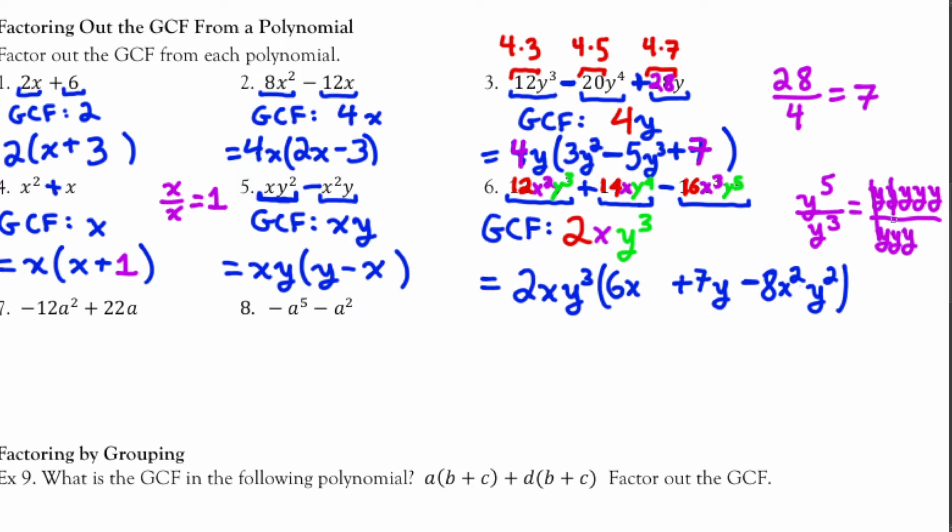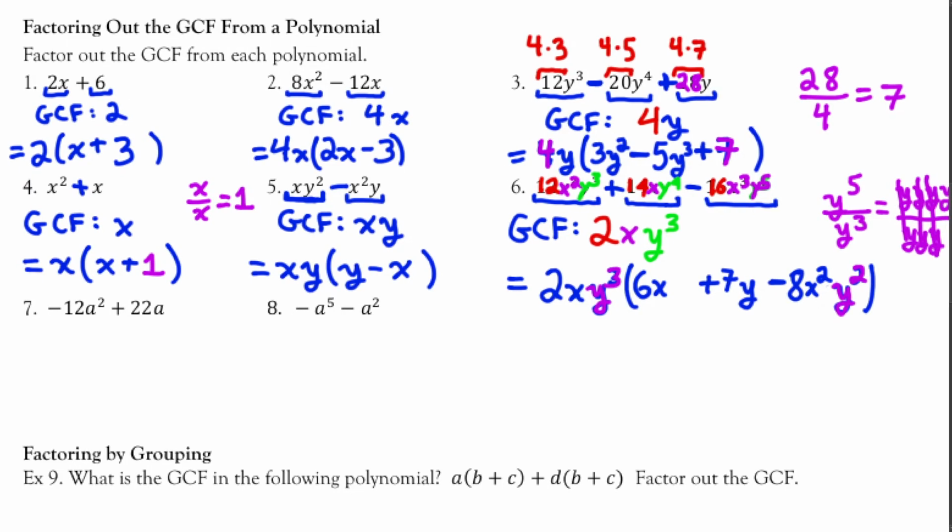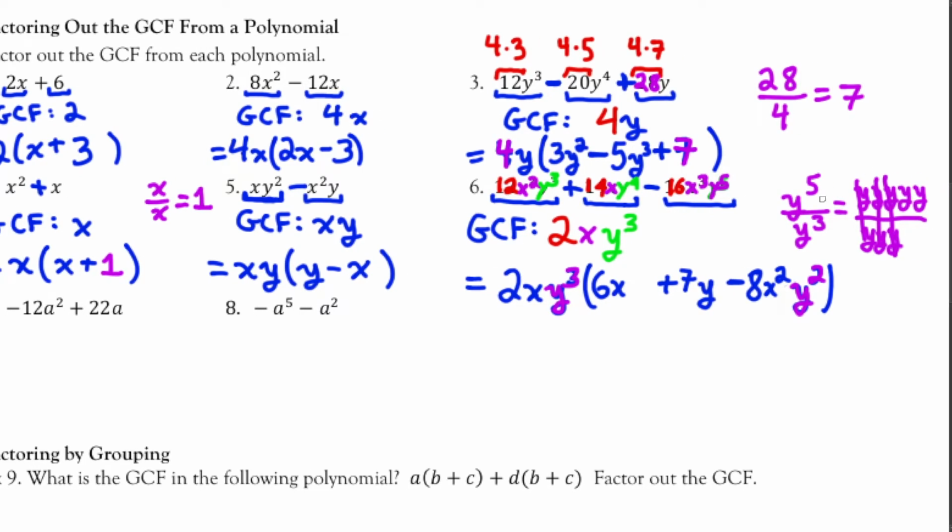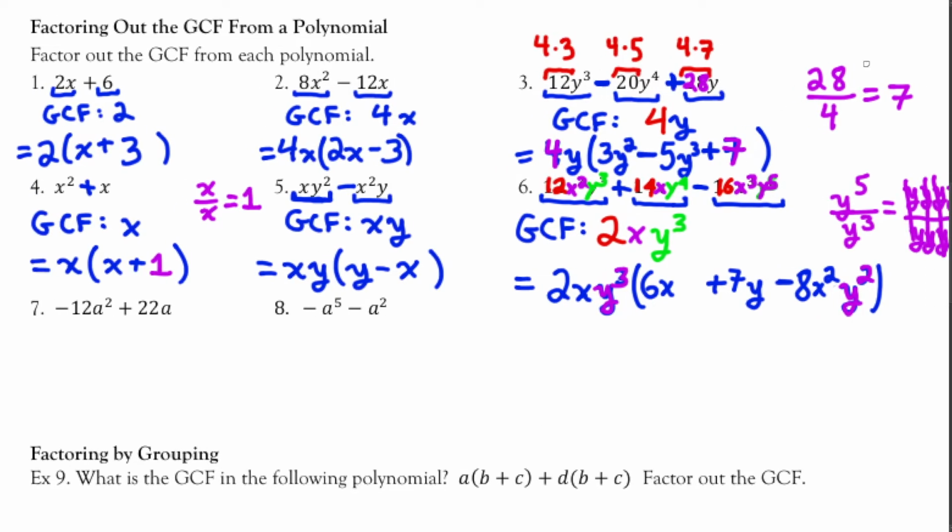Y to the 5th divided by y cubed is y squared. So that's why when I took y cubed out of y to the 5th, I got y squared. If you know exponent rules, then maybe you don't need to think about it this way, but yeah. Lots of ways to think about each problem.